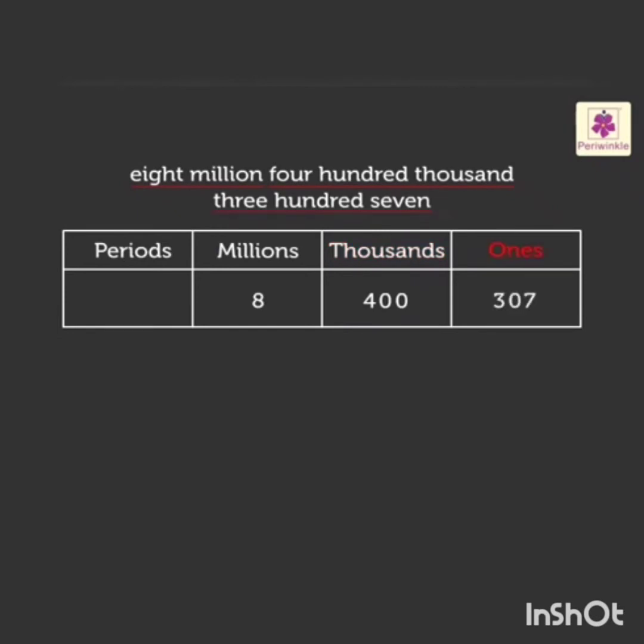Lastly, 307 in the ones period. Here also we write the number in the standard form using commas as 8,400,307.